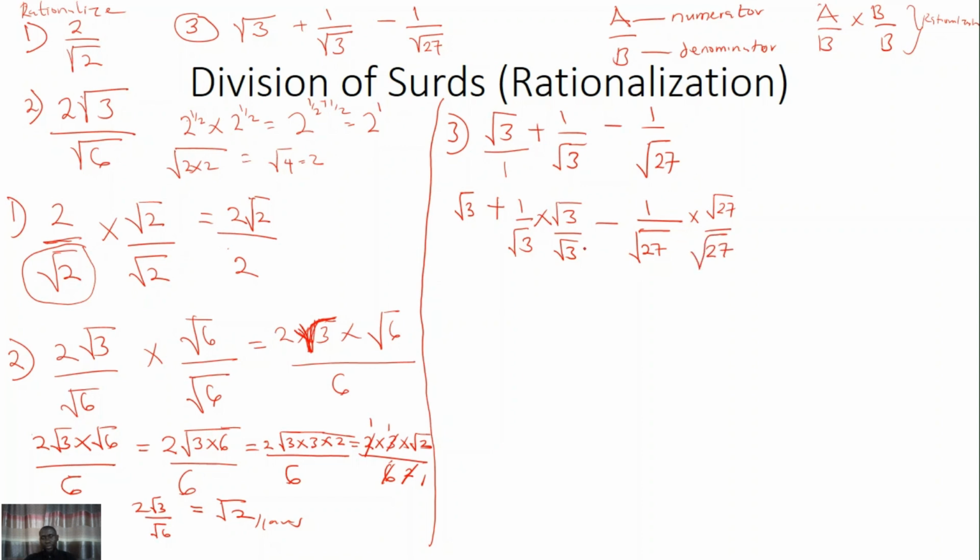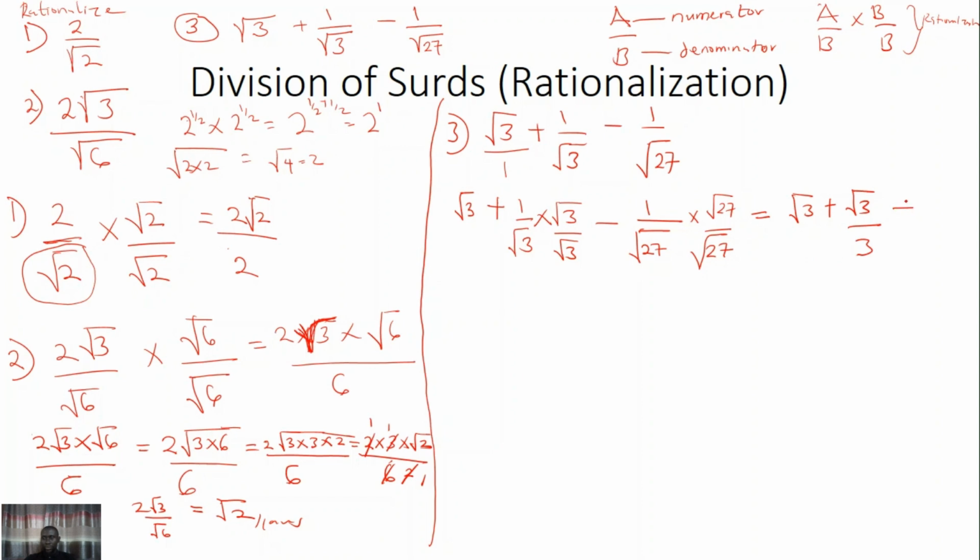Okay? Now, this will give us what? This will give us root 3 plus 1 times root 3, that will be root 3, all over root 3 times root 3, that will be equals to 3. Okay?